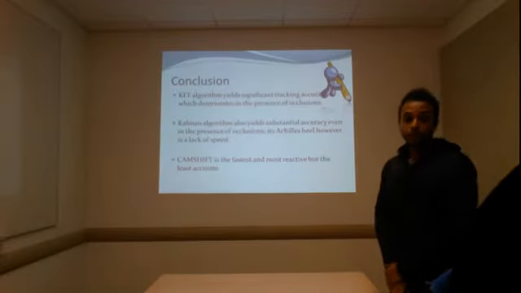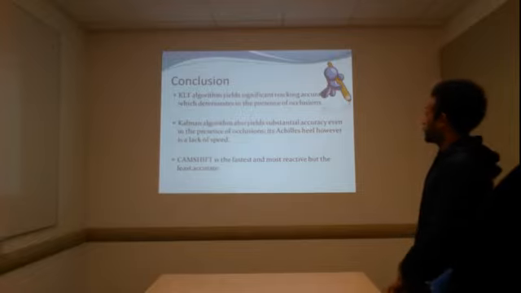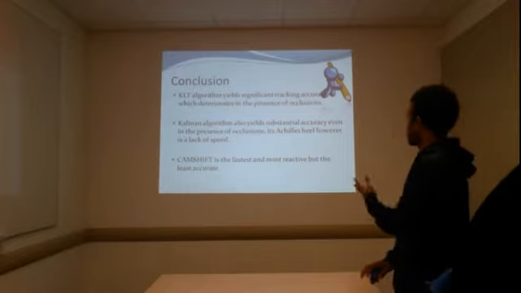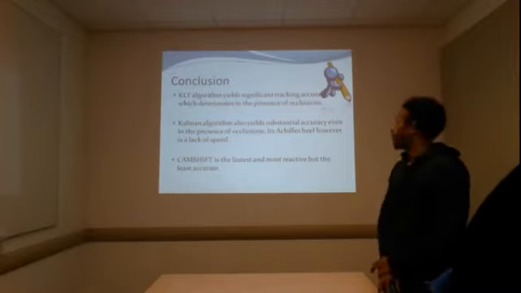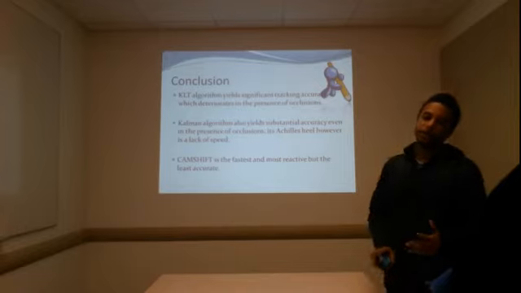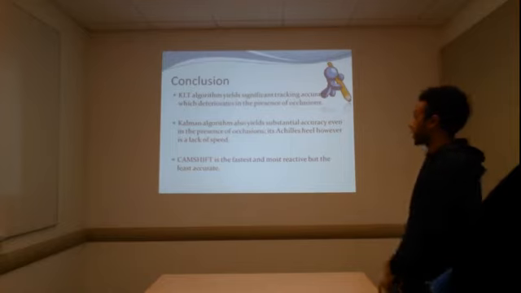So at this point, we will come to the conclusion of this presentation. In conclusion, we can see that the KLT algorithm yields significant tracking accuracy which deteriorates, however, in the presence of occlusions. As we see, when I move my head out of the focus and back in, it cannot retrack me.